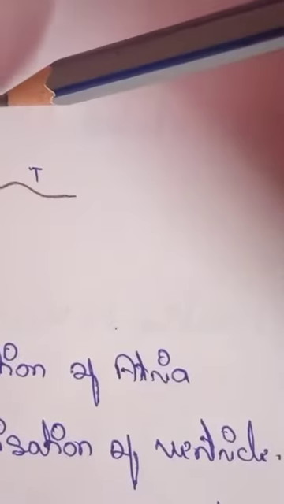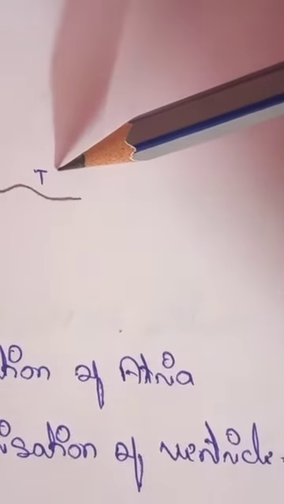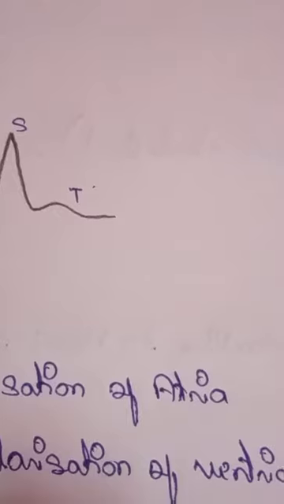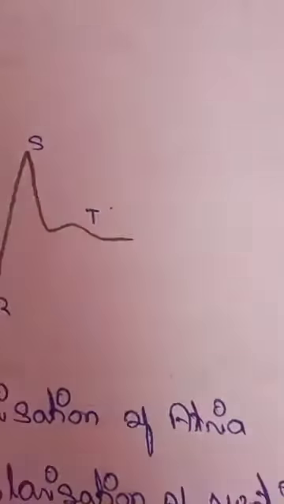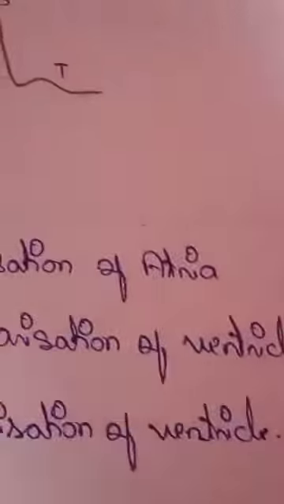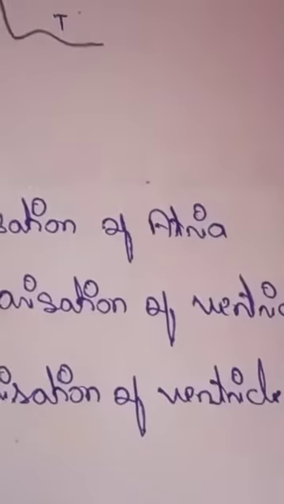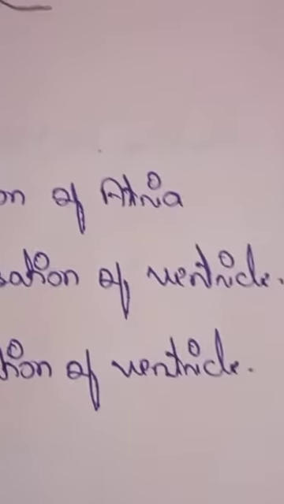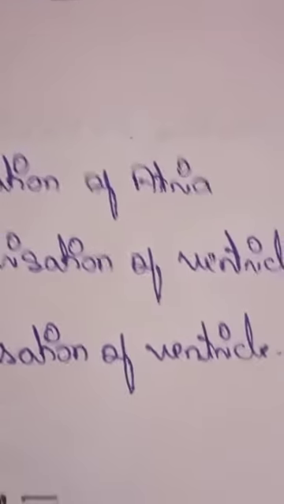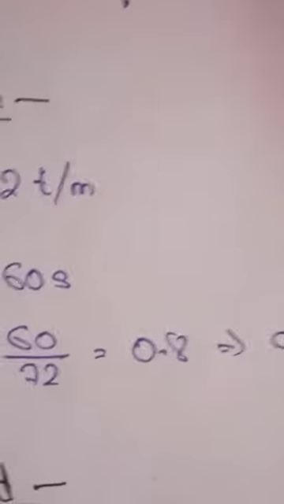It has a P wave, QRS wave, and T wave. The P wave is depolarization of the atria, the QRS wave is depolarization of the ventricles, and the T wave is repolarization of the ventricles.